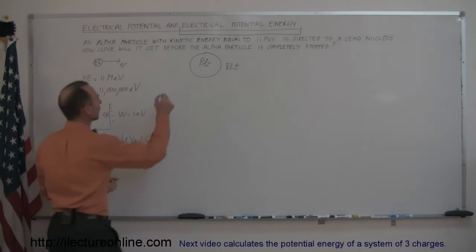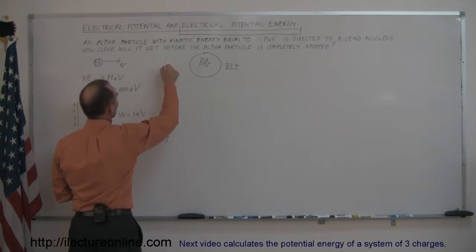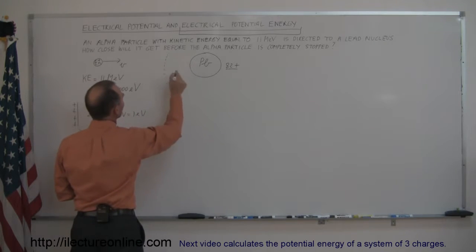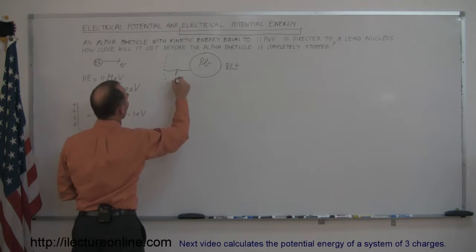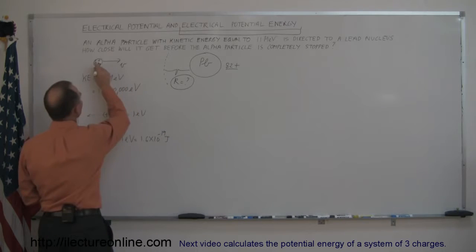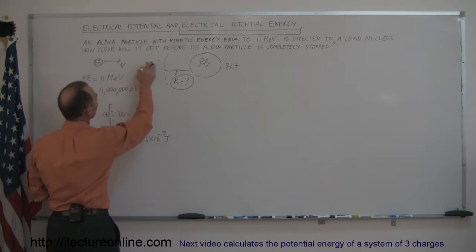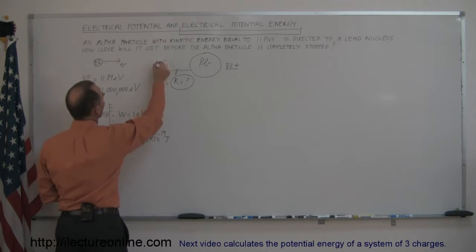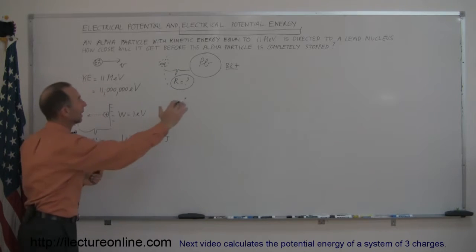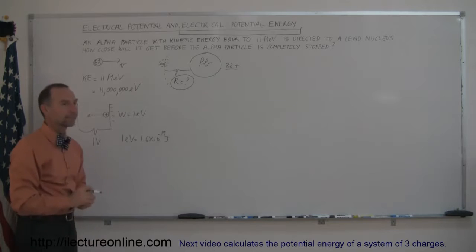Well, we can assume that at some point, not quite where the lead nucleus is, at some distance r away from the nucleus, which is what we're looking for, how close it will get, the kinetic energy will have been completely converted into potential energy, and the alpha particle will simply stop at that point, and then repulsive forces will push it back.